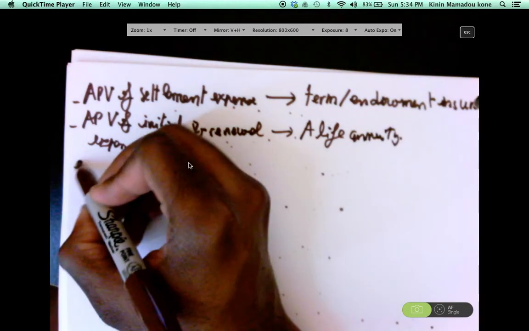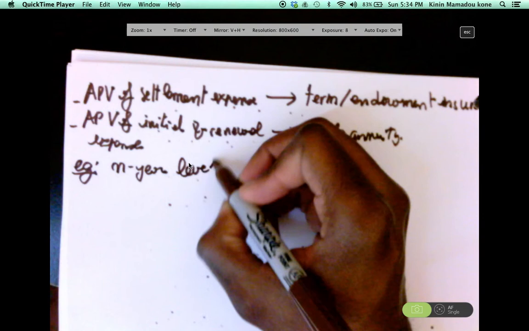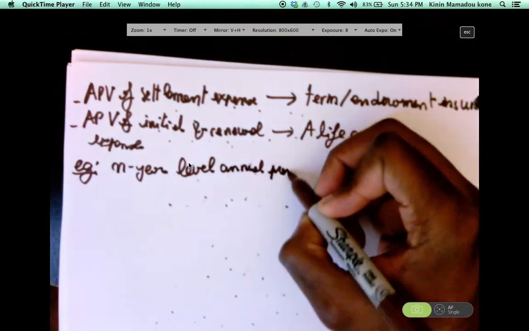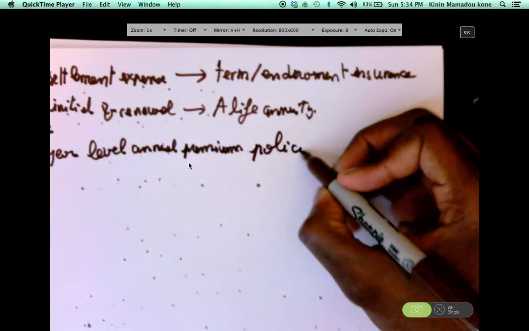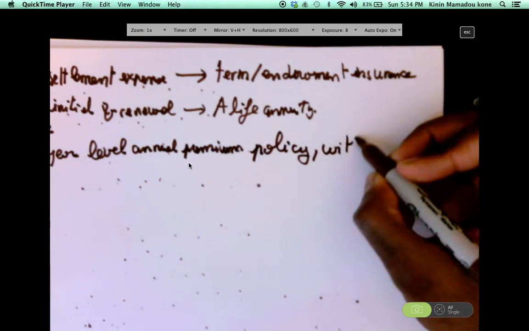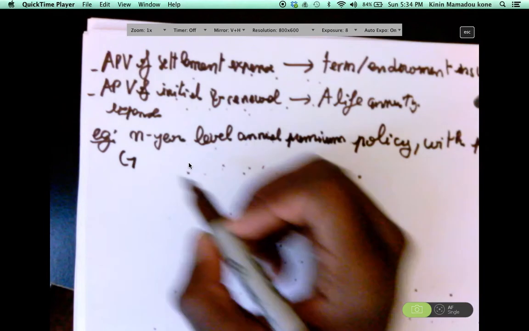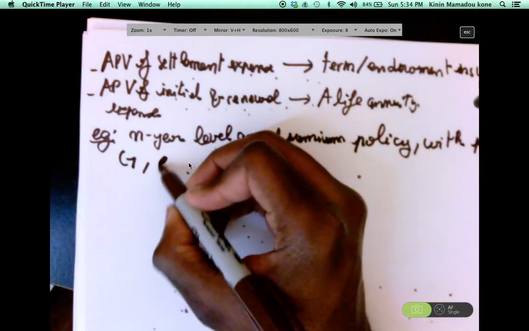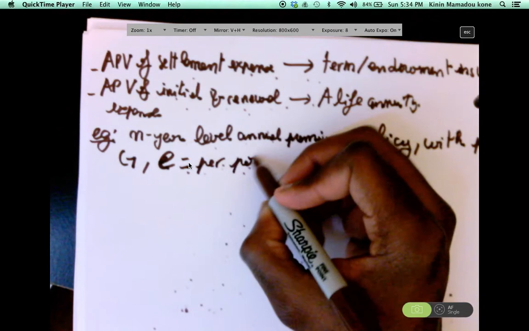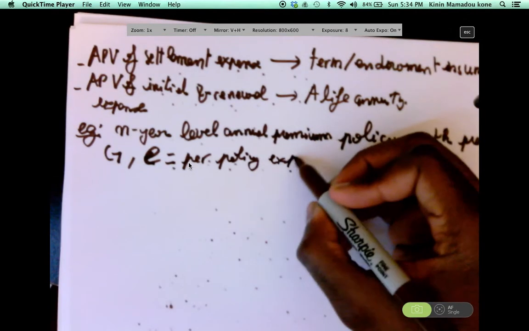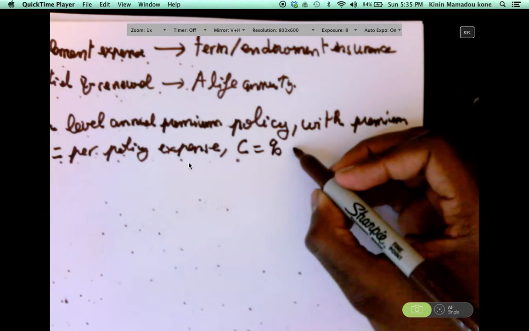So for example, let's say that we have a 10-year level annual premium policy, with premium G, and e will be the per policy expense, and c will be the percentage of premium.